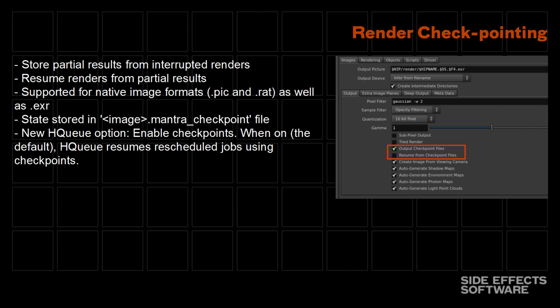And so we have basically an image file that lives alongside the image that's being rendered and contains all this state information. When we come to restart the render, we have the option to resume the render from partial results. Okay, so let's say you've rendered quite a complex scene. You get to the 90% mark, and let's say you've run out of memory, you're missing textures, or you realize there's something amiss in the render.